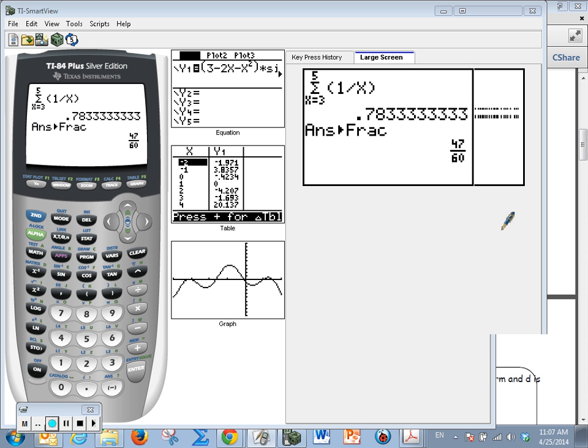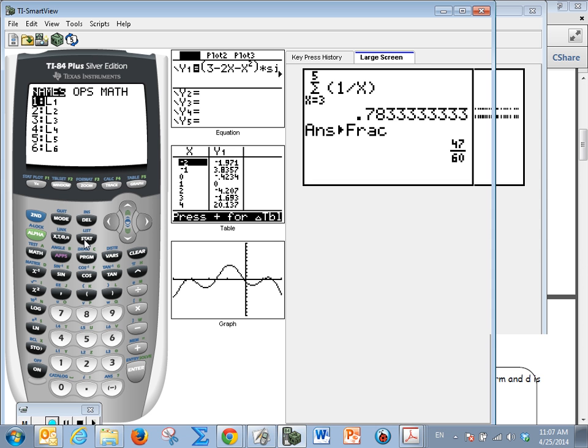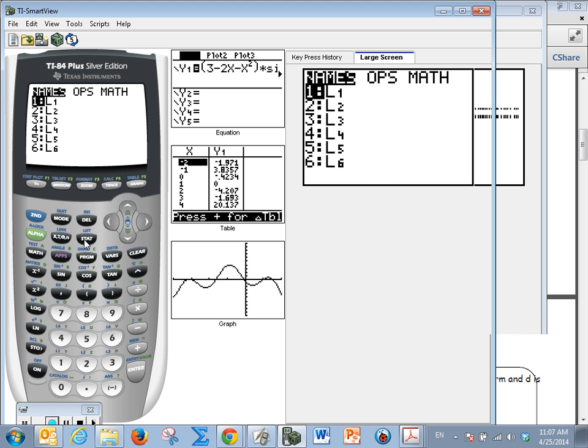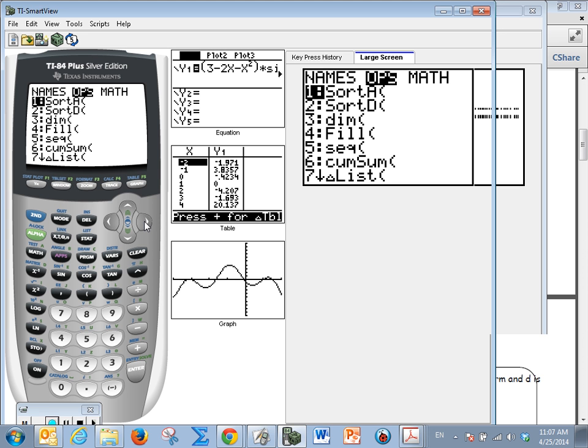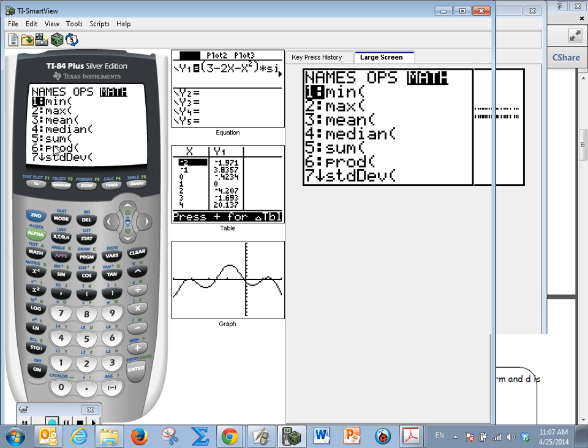The sum and the sequence are in 2 different places. If you go to list, that's under stat. Sequence is right here, number 5 under ops, and sum is number 5 under math. You would have to sum the sequence.